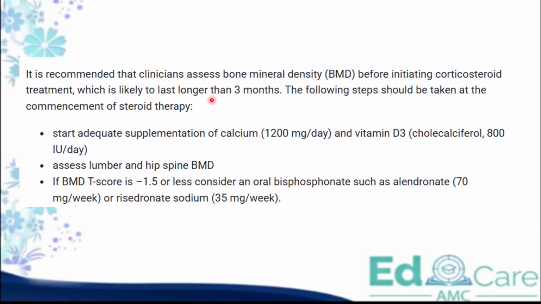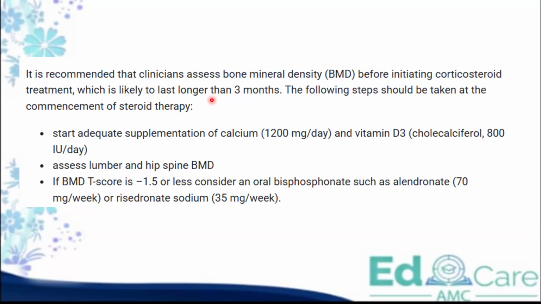On bone mineral density, if the T-score is less than 1.5, suggesting osteopenia, then you need to go for bisphosphonates, because the calcium can worsen their osteopenia into osteoporosis, right?